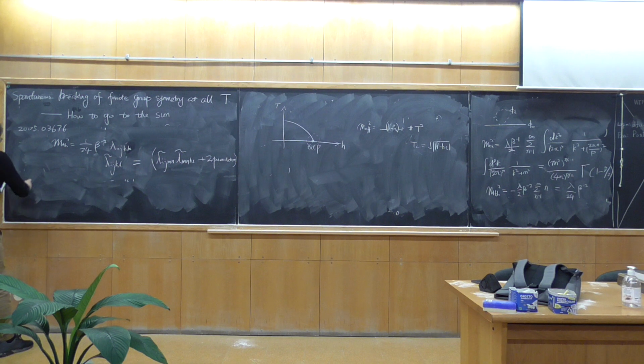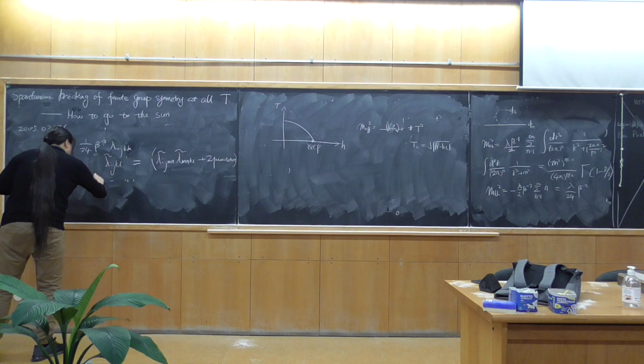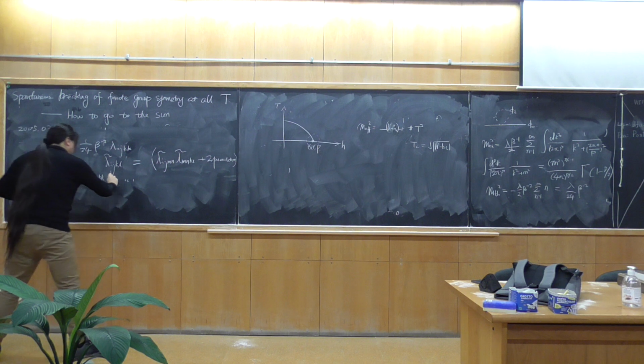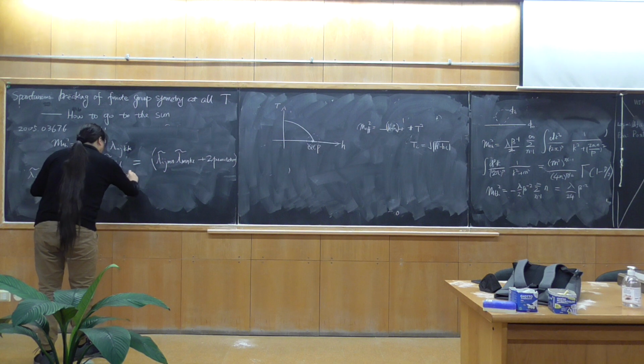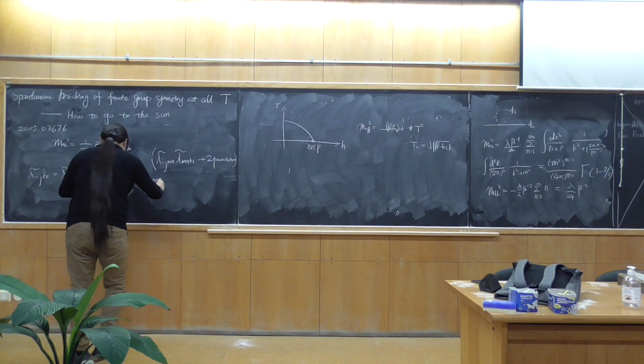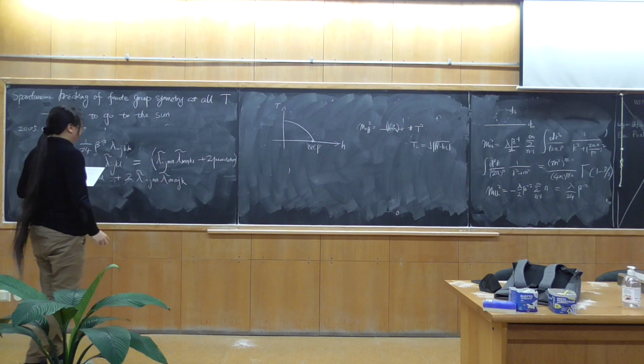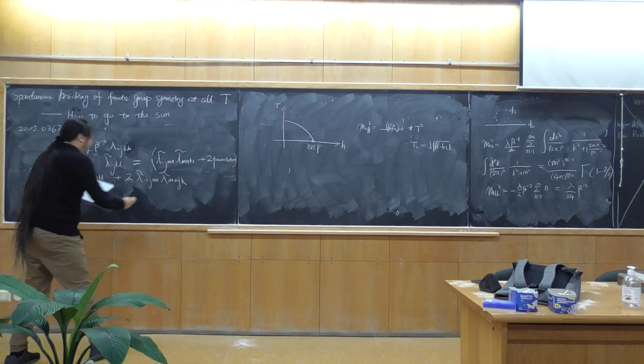And the condition we need to satisfy is lambda ijkk tutor equal to lambda igmn lambda mnkk plus 2 lambda tutor igmn lambda tutor mngk. Okay. Sorry, IK.